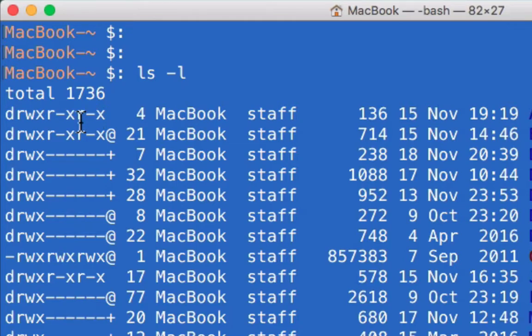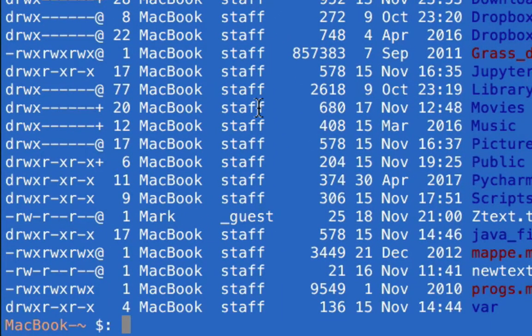Okay, so let's see another one which is a little bit more interesting, which is this one. We remember that the first character tells us if it is a directory or a file, and this is a file. The first 3 characters refer to the owner, so these 3 characters refer to the owner Mark, and they're telling us that Mark can read the file, he can write the file, but he cannot execute the file.